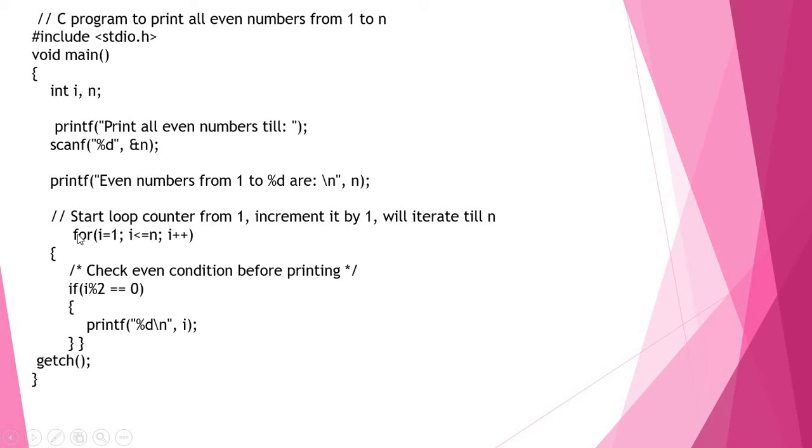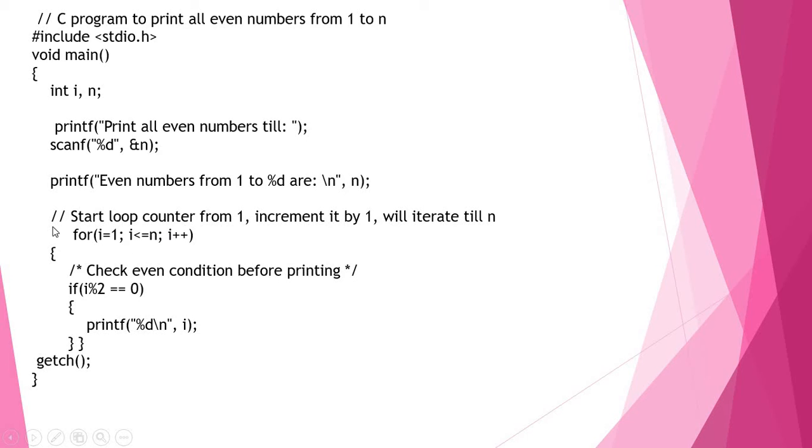Over here we have used the for loop. The i variable is holding the value 1. i is less than or equal to n, meaning whichever value the user enters. It is checking my even condition.